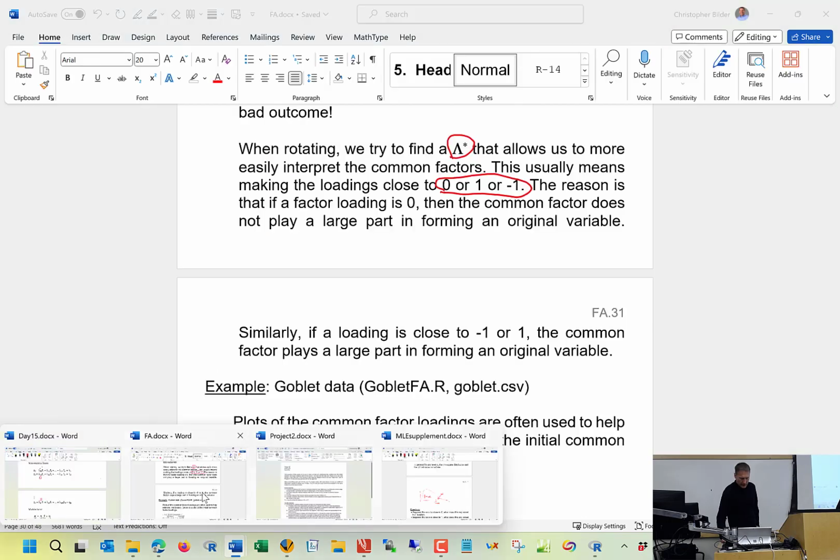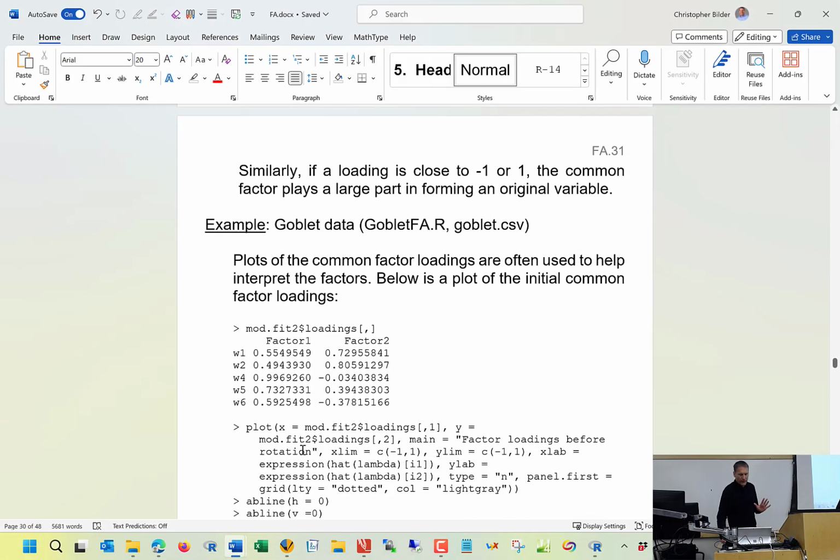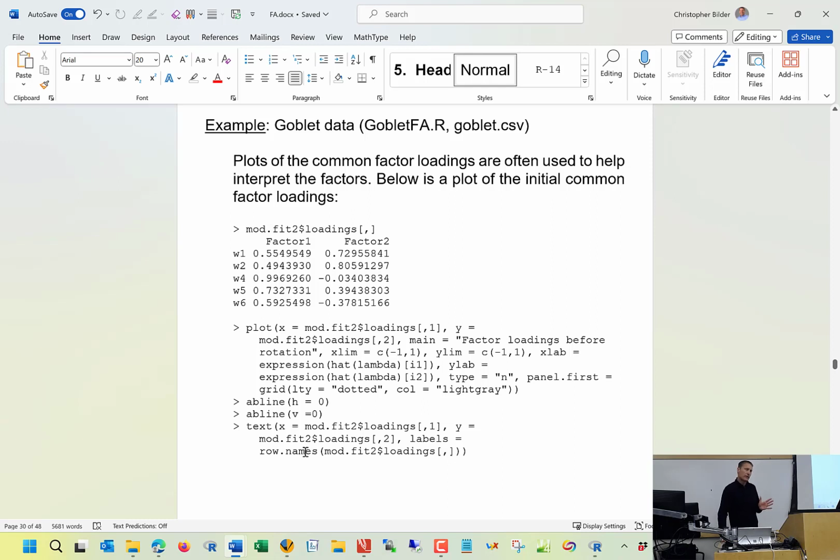So to give you a brief geometric interpretation of this, let's go back to the goblet data. So here's our factor loading matrix. This was our original, let's say, lambda hat. We've extracted that before. Let's do a plot of these estimated factor loadings.